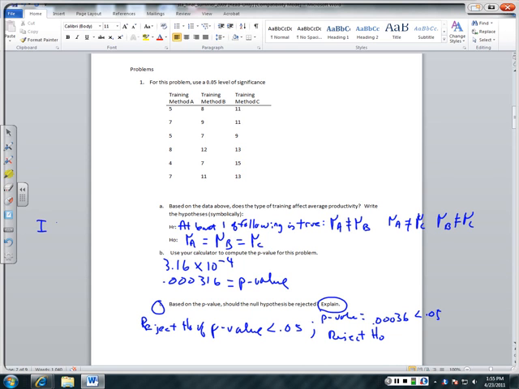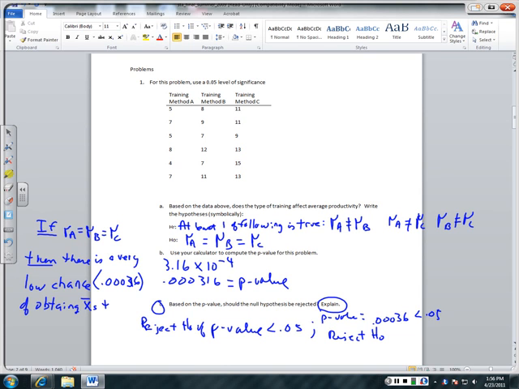We would say if there is no effect, or in this case, if H0 is true, that's always the same thing, if mu A is equal to mu B is equal to mu C, then, just like always, if-then for a p-value, there is a very low chance, which was 0.00036, and that is pretty low, of obtaining sample means this far apart.